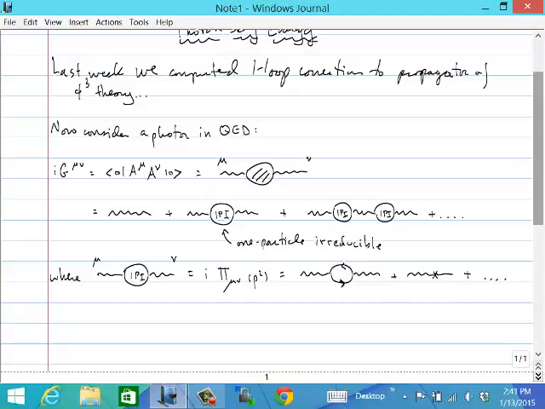So the important point is that pi mu nu is sometimes referred to as the photon self-energy, or alternately as the vacuum polarization.